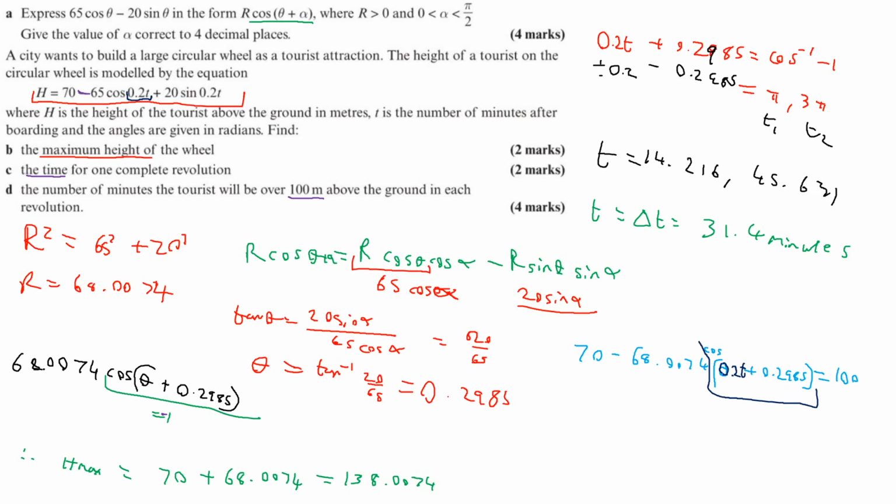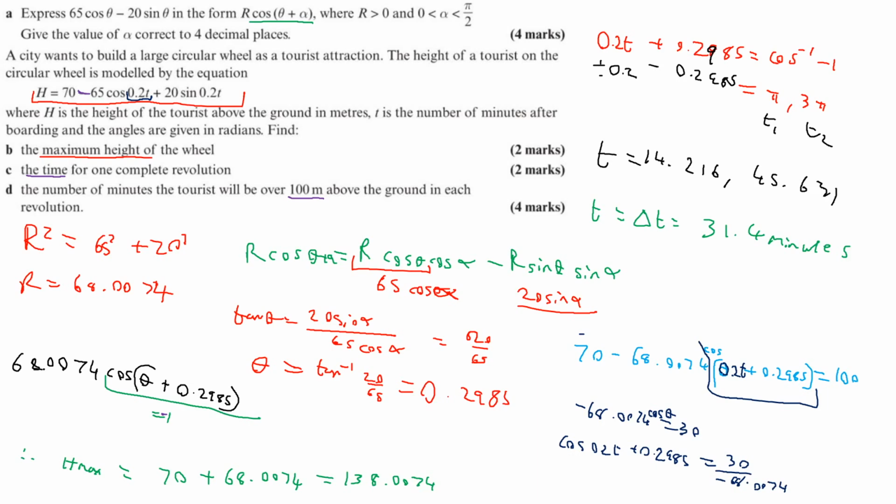Now, let's find a solution. So minus 70, we get minus 68.0074 is equal to 30. Cos, I'm just going to say cos theta, and theta's all this, okay? So, cos(0.2t plus 0.2985) will be 30 over minus 68.0074.